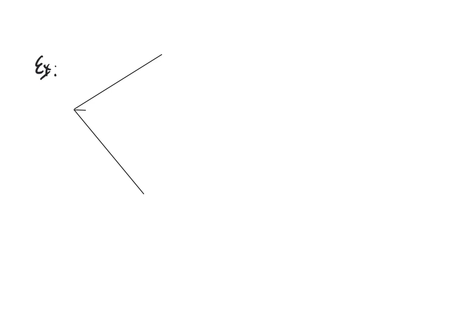So there's my original angle. I'm going to then put in a ray, and I'm going to tell you that the original angle gets cut into two equal pieces. So that means that middle ray is the angle bisector.